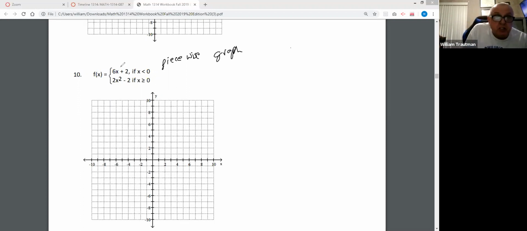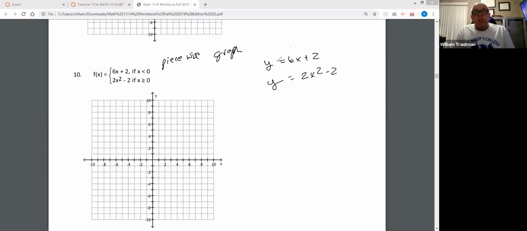So there's two functions we're going to graph. The top one is y equals 6x plus 2, and the bottom one, y equals 2x squared minus 2. So if you look at this first one, that's a straight line. When we just have x without a power or anything, it's a straight line. And you can do test points or however you want to do it.